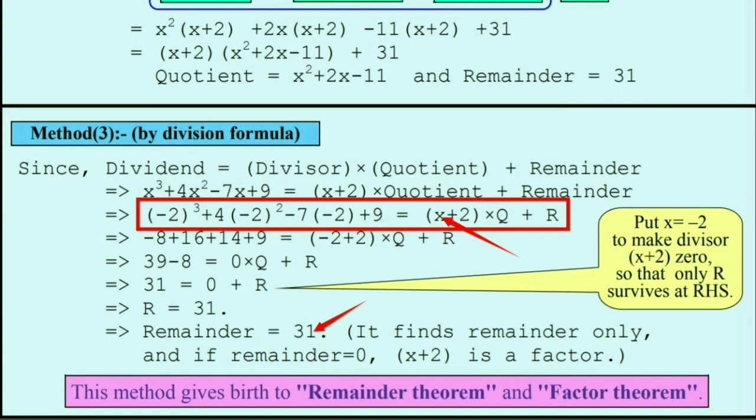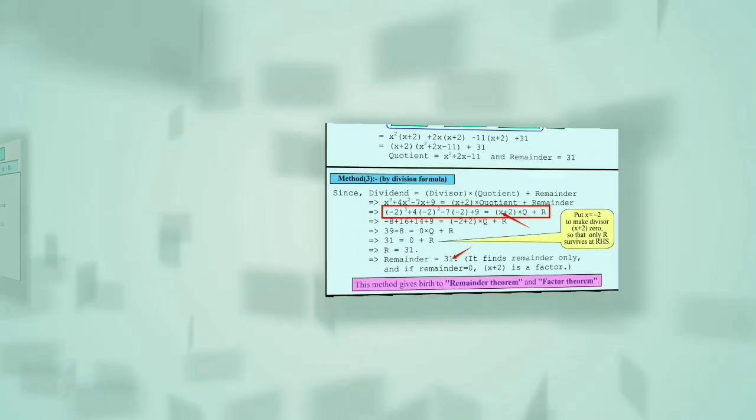It shows that the remainder is 31. But the quotient here we cannot find out. My main aim is to understand the remainder theorem, so I explained this process, and try to understand this third process very well, because this is the key for the remainder theorem.